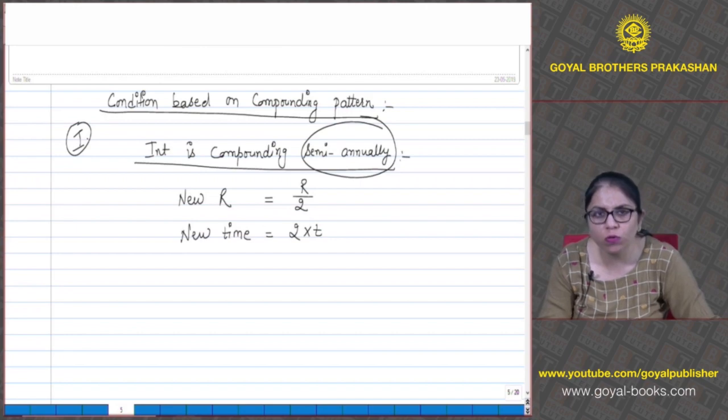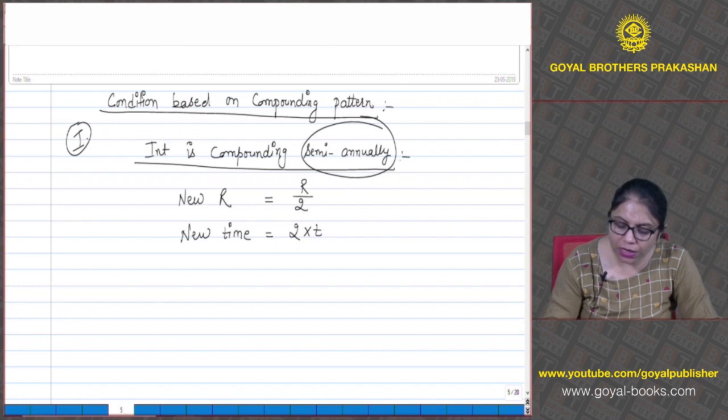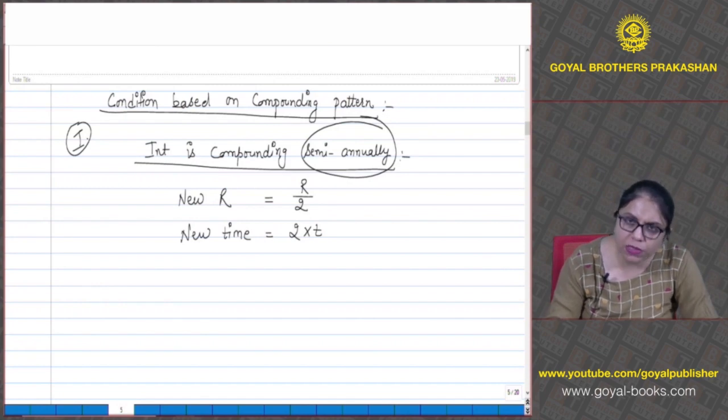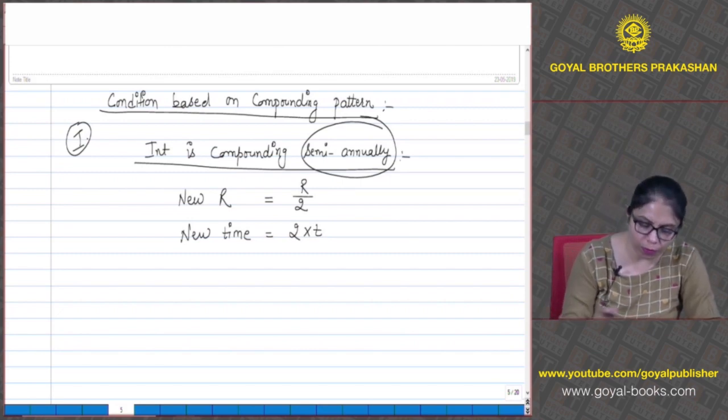That's why we divide the rate by 2 and multiply the time by 2. By doing these two adjustments, we can easily find the amount and compound interest by the above formula.